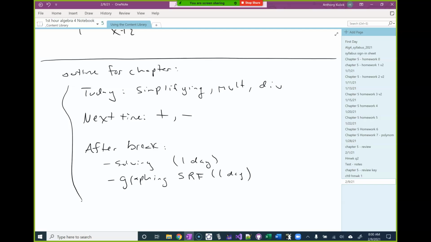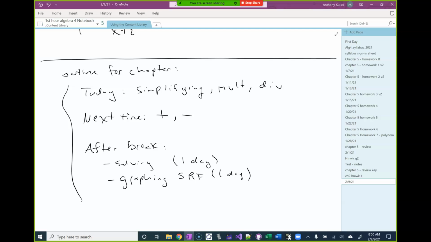But I really have 4 lectures in mind to get us in and out of this chapter. So it's going to be considerably quicker than the previous chapter, which is, I think, the longest chapter we look at in either semester by far. There's just a lot of skills and a lot of pieces going on inside of that chapter 5. Is everybody okay with that as a general outline?